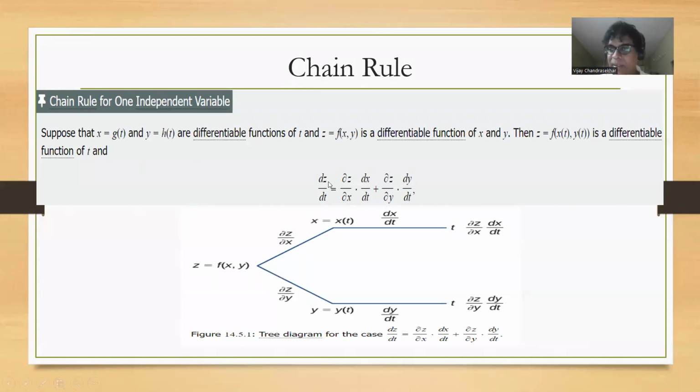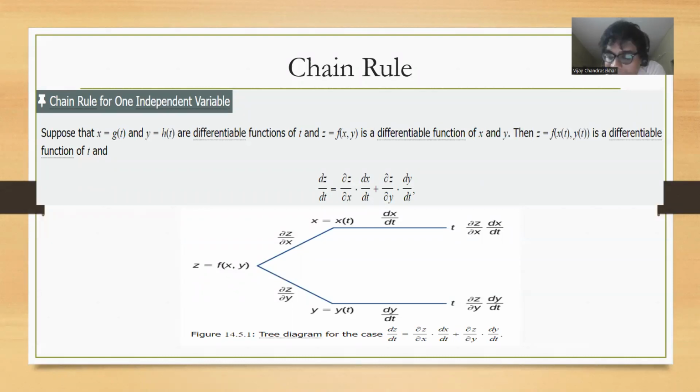Had this been z with respect to, say, A, B, C, then you would have done dou z by dou A, dou z by dou B, dou z by dou C. Right? Here there is only one independent variable. So in a way, even though this is like a complex function, effectively this is like a univariate function between T and Z. You see, it takes a circuitous route, but effectively it becomes a univariate function. So I'm jumping the gun here. Let's not use terms such as univariate here, but that's one way to look at it.